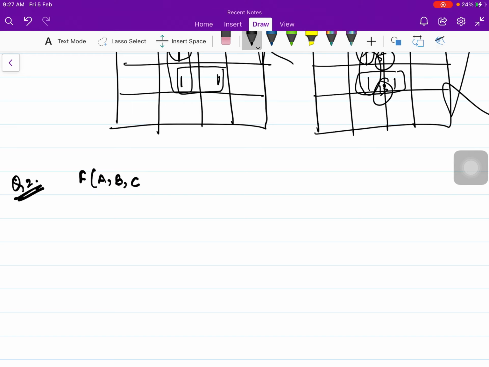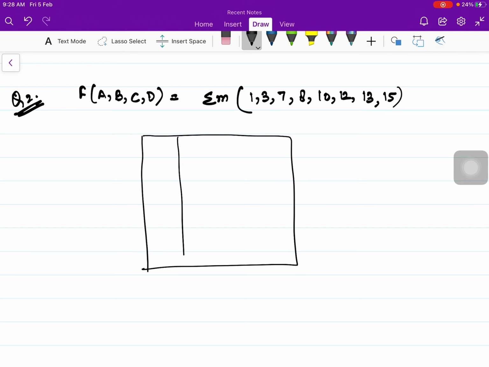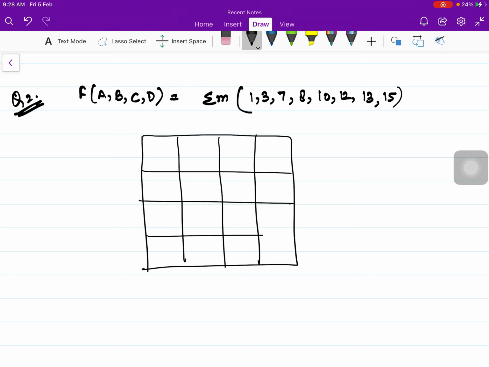F A B C D is equal to summation M 1, 3, 7, 8, 10, 12, 13, 15. Let's draw the structure first. Mark the variables. Put the combinations.